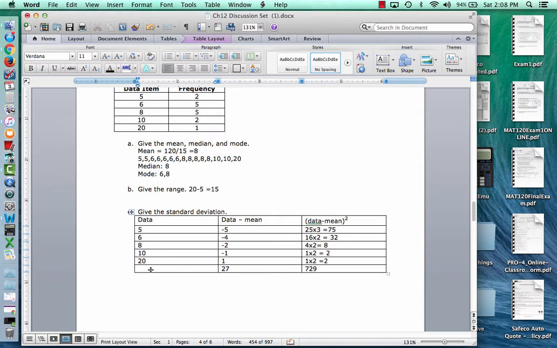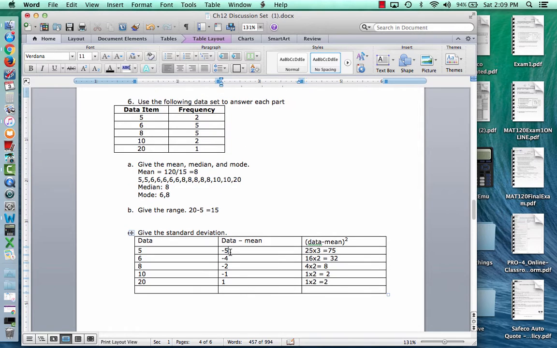And then the mean is 8. So 5 minus 8 is negative 3. 6 minus 8 is negative 2. 8 minus 8 is 0. 10 minus 8 is 2. And 20 minus 8 is 12.